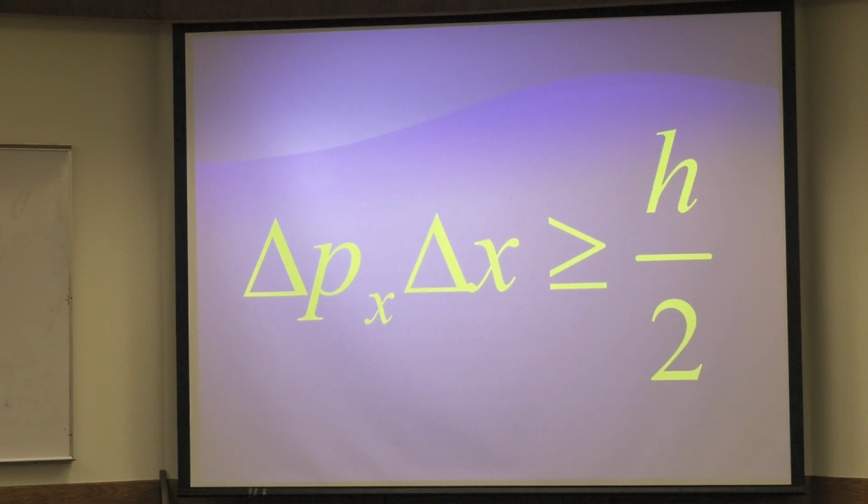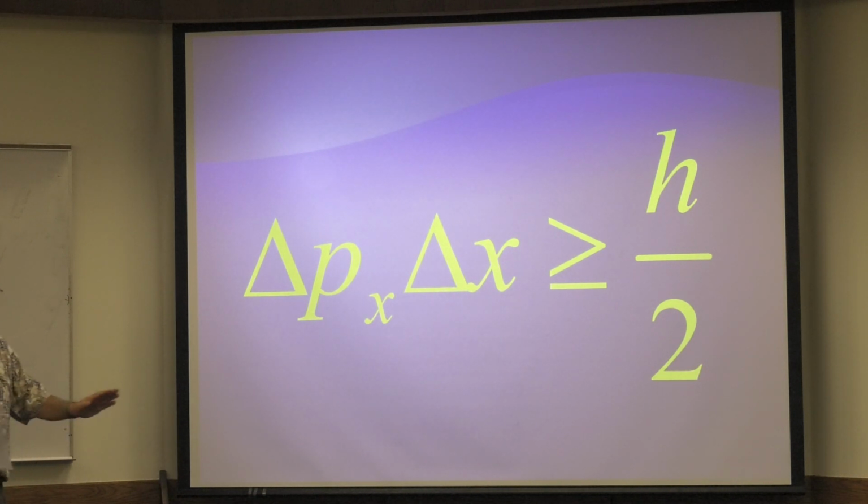Now, who cares? Well, this is kind of interesting, right? But let me just reiterate something. What we're really saying is that because of the wave-like nature of matter, our knowledge of the particle is just intrinsically uncertain, okay? It just is.